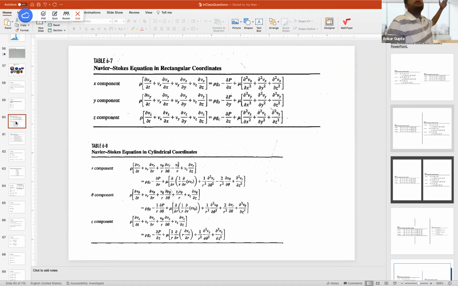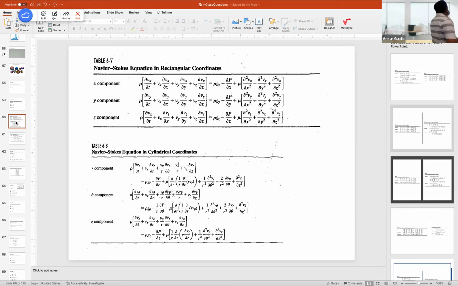It's a vector equation, so you can convert it into scalar equations, and you get 3 equations each time. Note that if you are using cylindrical coordinates, some of the equation terms may not look as familiar because you are changing coordinates, so the equations become more complicated. Just remember that.